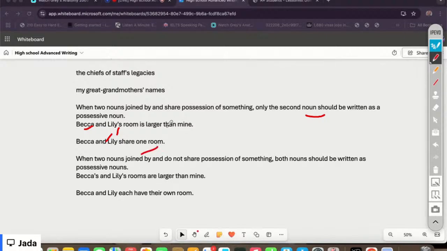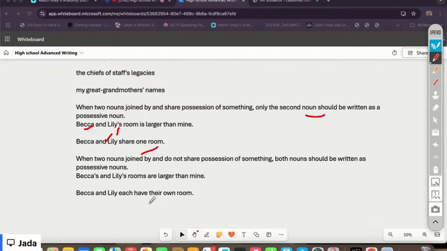So when two nouns joined by and do not share possession of something, both nouns should be written as possessive nouns. So if it doesn't show that they share possession of something, it will be Becca's and Lily's rooms are larger than mine.